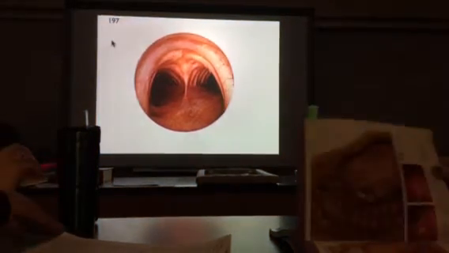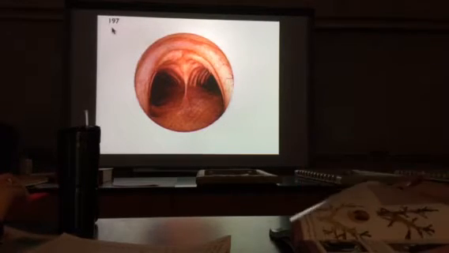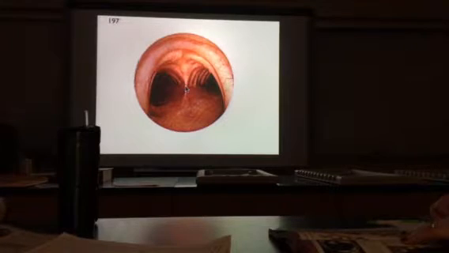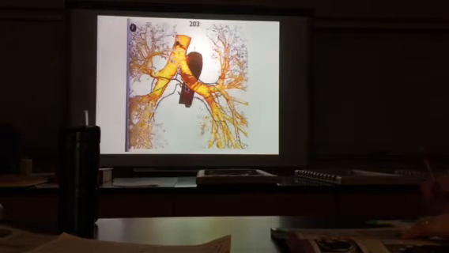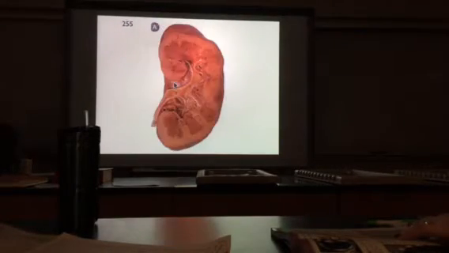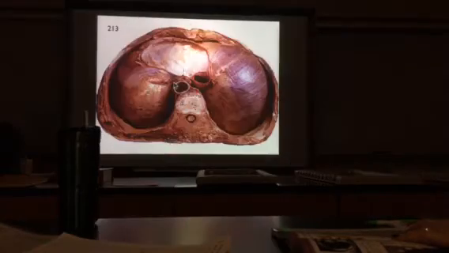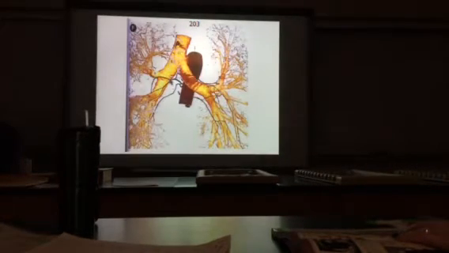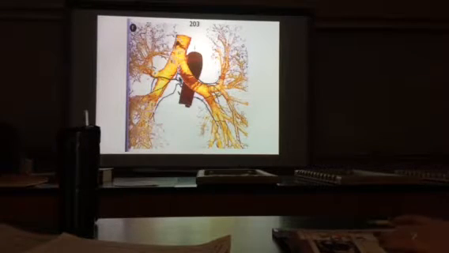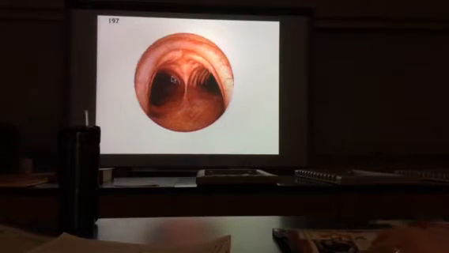And then, on page 197, there's this view of the carina, plus other stuff. There's also this kind of branching on that page, similar to this, but then they include the carina.